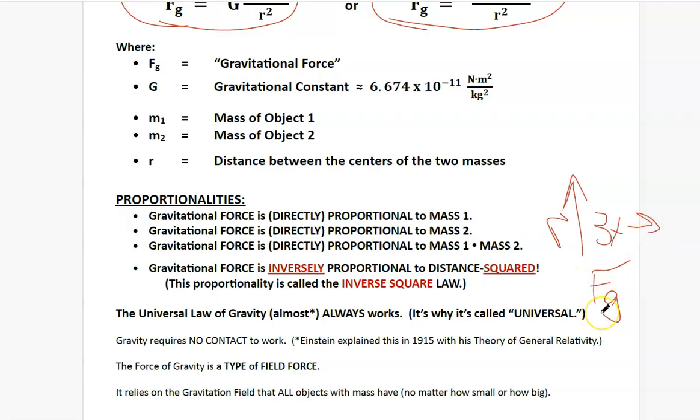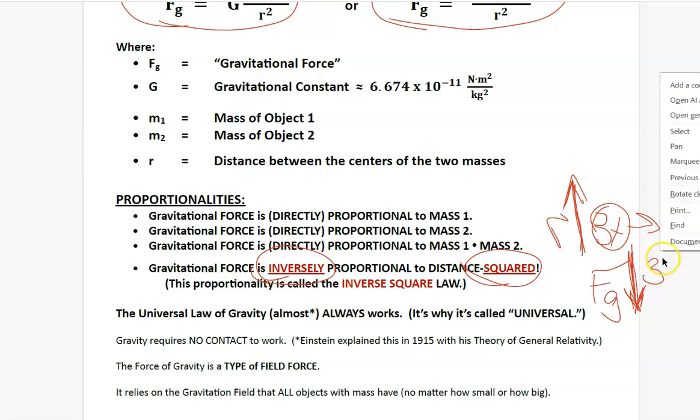Well, the force of gravity, the inverse part of the inverse square law, tells you that an increase in distance will result in a decrease in force. The squared part tells you how much that decrease is. So if I am increasing the distance threefold, that means I am decreasing the force 3 squared fold, or 9-fold.